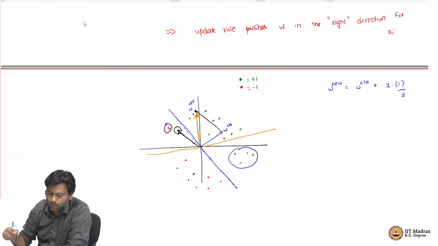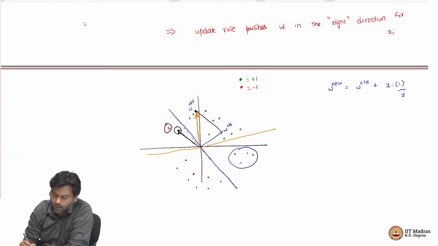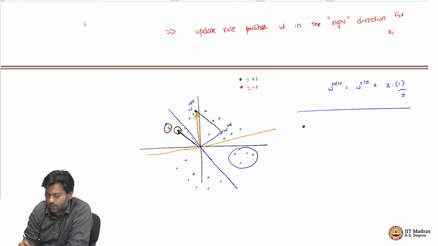But let me note down what is the problem that we saw here, and then we will go ahead and try to fix this, right. So, try to understand this better. Fixing w for one x might affect the decision for other data points.